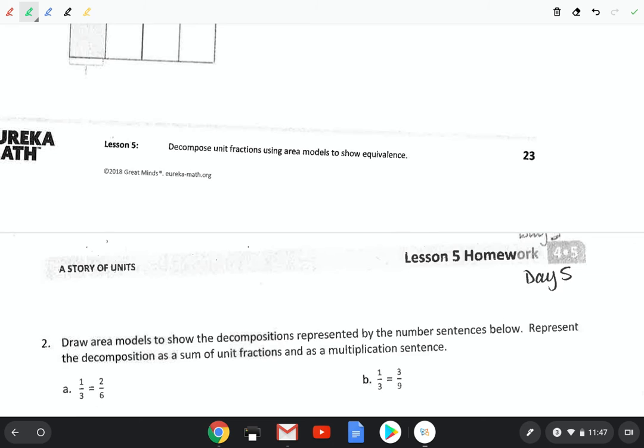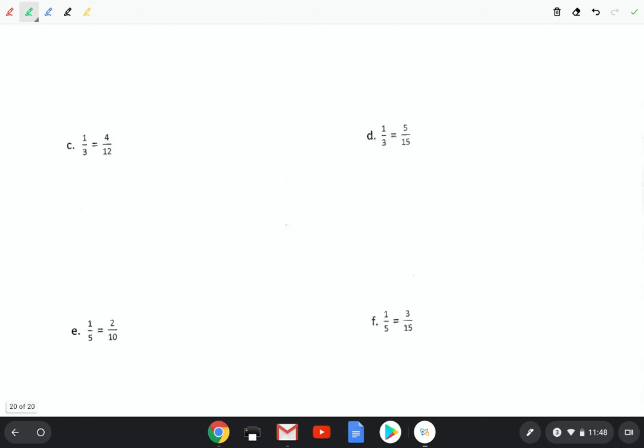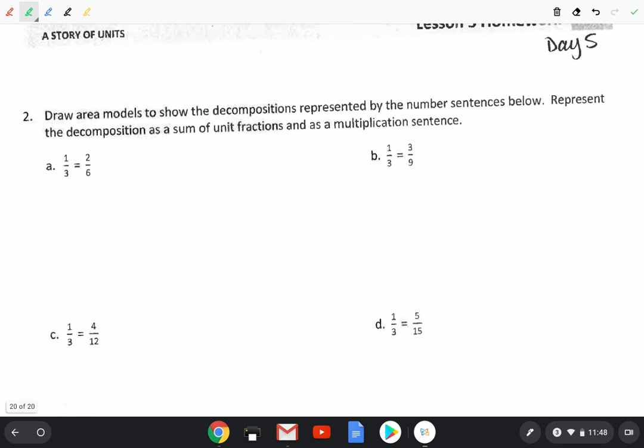Okay, and let's see what else is in here. Number 2 says, draw area models to show the decomposition represented by the number sentences below. And then represent the decomposition as a sum of unit fractions and as a multiplication sentence.